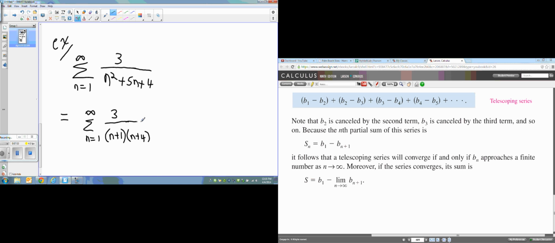All right, so we get this for the factored form, and that's equal to the sum from n equals 1 to infinity of some constant, let's call it A, over n plus 1, plus some constant B over n plus 4.